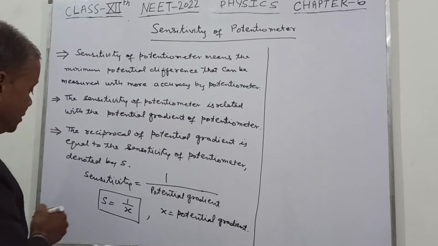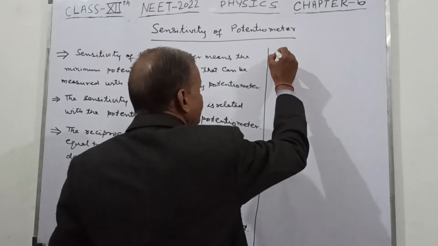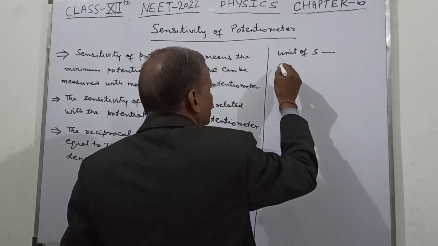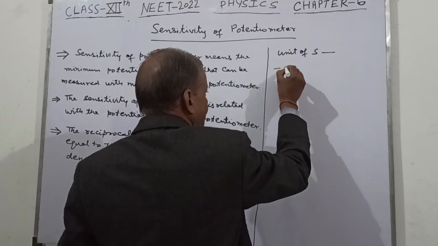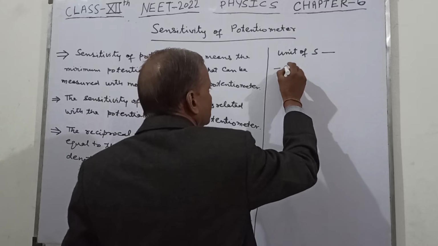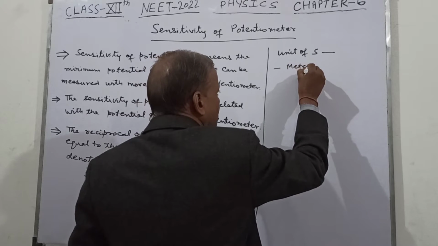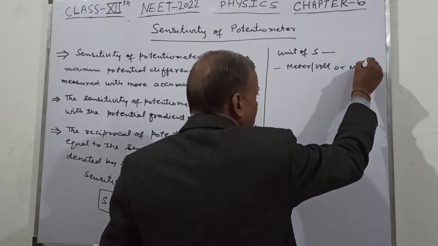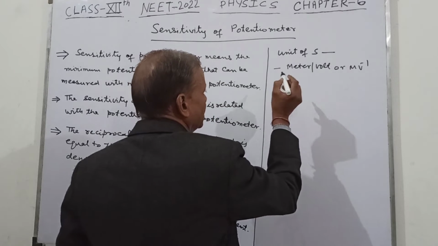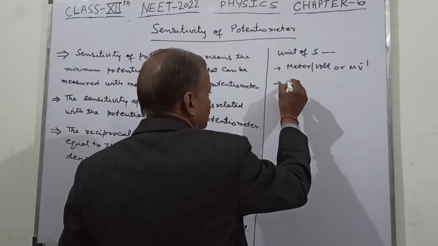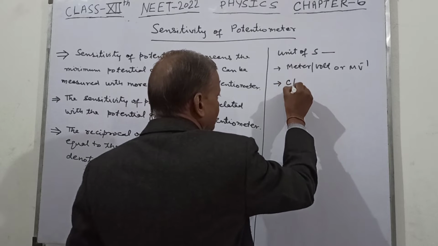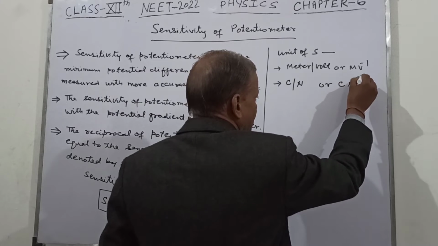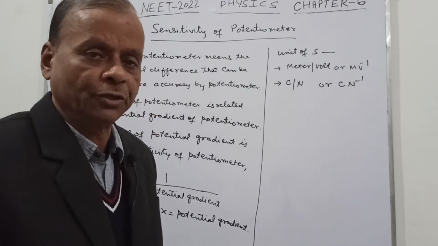So if you see the unit of S, now this is your meter per volt or m V^-1, and one is coulomb per Newton or C N^-1.